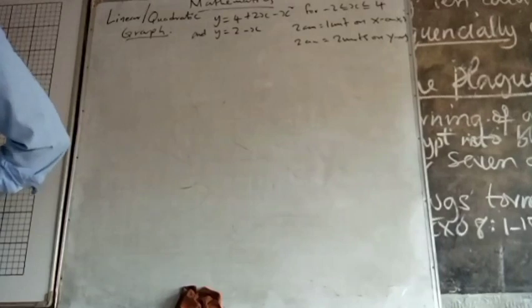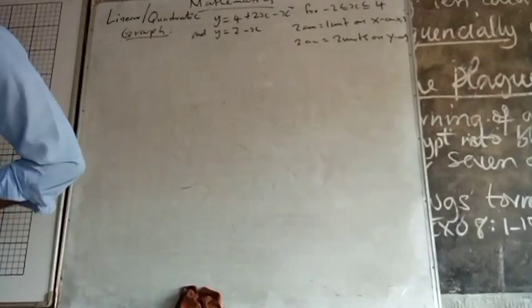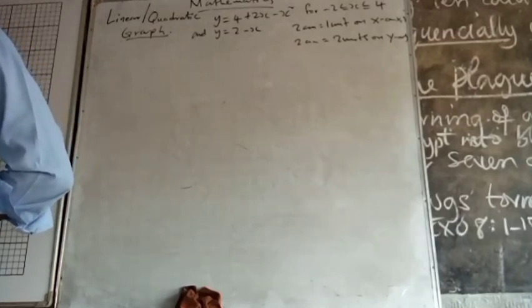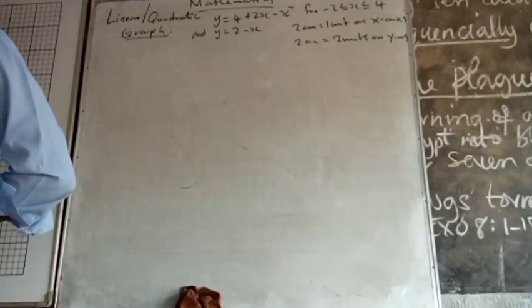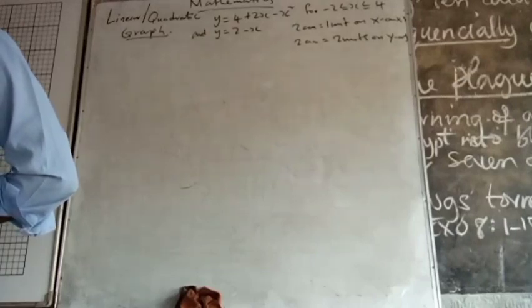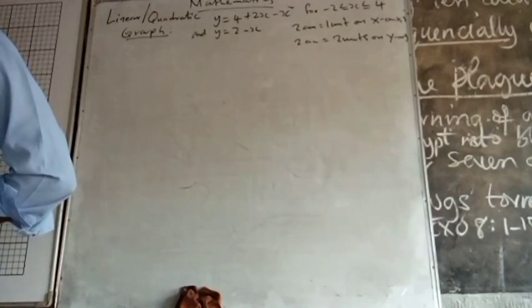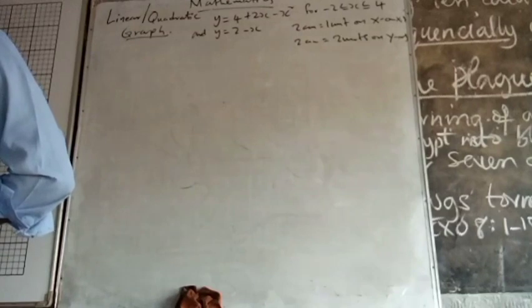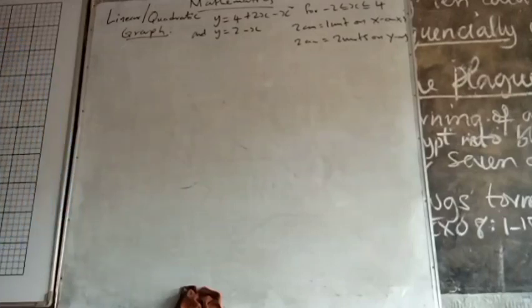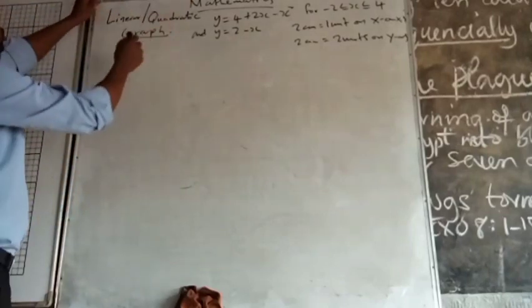I said anytime we are given a problem of linear and quadratic equation, the first thing we are expected to do is to make the table of values, right? So we make the table of values, considering the interval given to us.